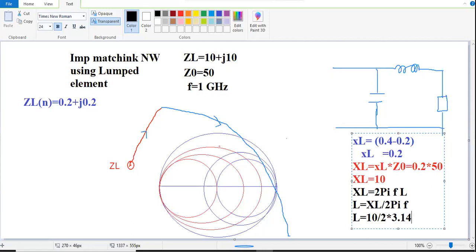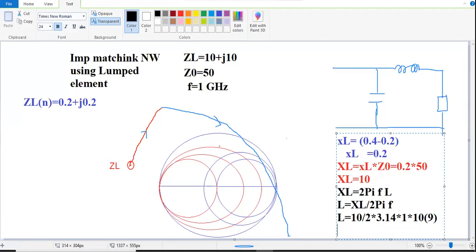You put the value of pi in your calculator, and F is equal to 1 gigahertz, 1 into 10 to the power gigahertz. How much is 10 to the power gigahertz? 10 raised to 9. Yes, 10 to the power 9. So I'll put 10 to the power 9.